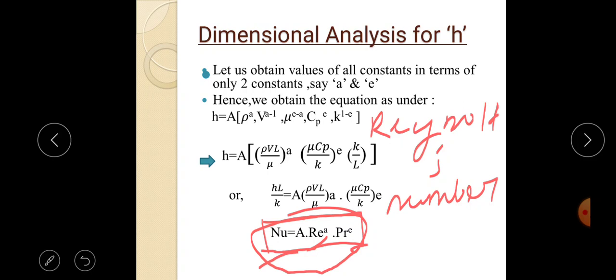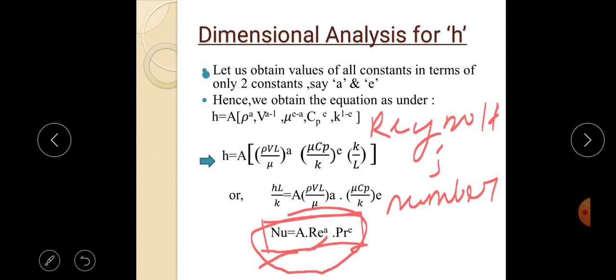So this is the advantage of dimensional analysis. Now the calculation will be very easy, and this will help us in prototype designing, in physical modeling, and in many other situations also. So dimensional analysis is a very great tool.